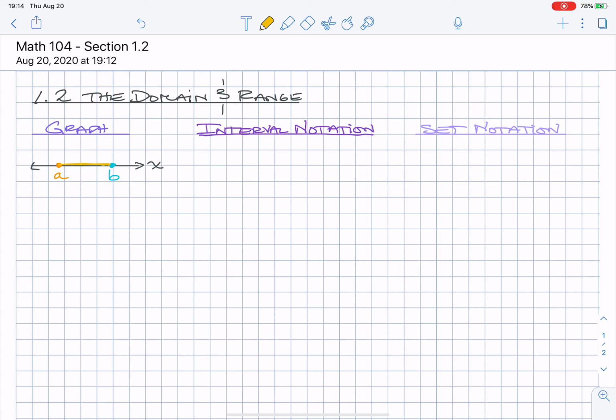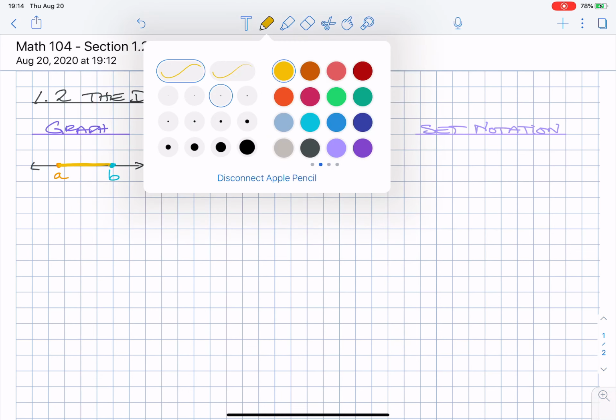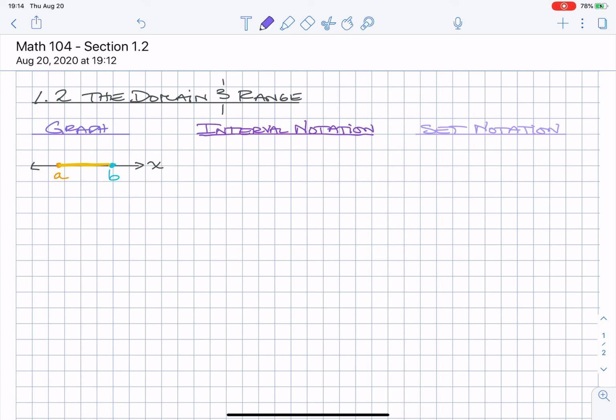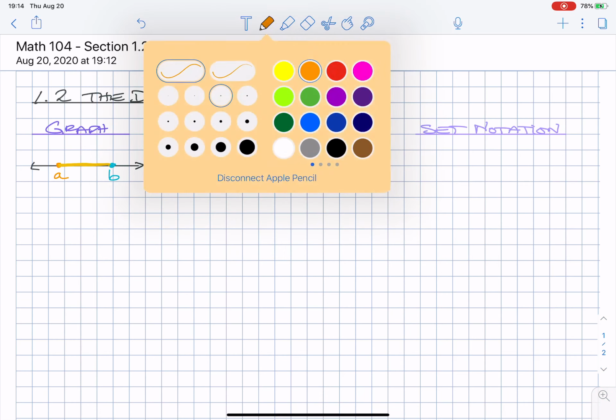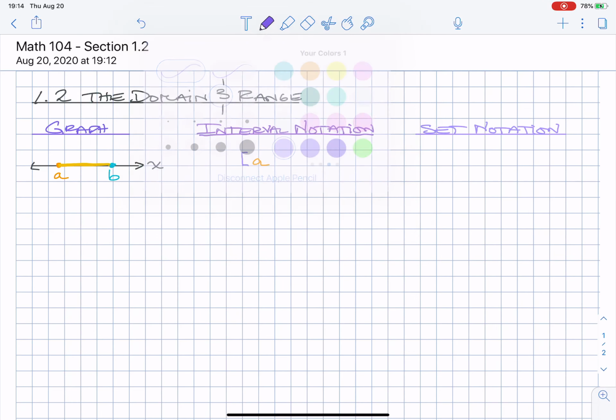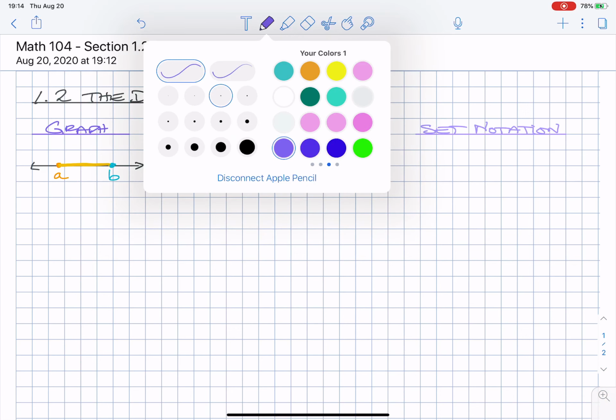If I'm looking at all values of x between A and B, where A is included and B is included, then in interval notation, that looks like a bracket at A, because A is included, and comma, bracket at B, because B is also included.